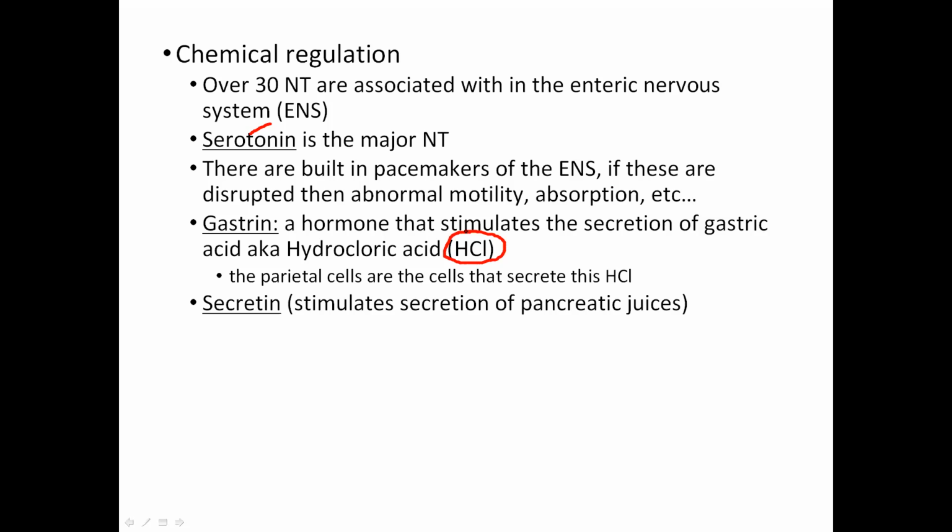It helps you kill microorganisms, right? It's an acid, so it's also part of your defense. Specifically, the parietal cells are the cells that release hydrochloric acid in your stomach, and gastrin is the hormone that tells it to do that.